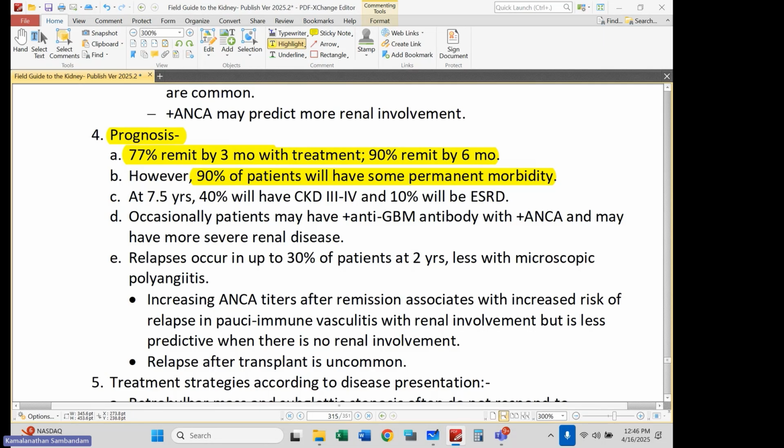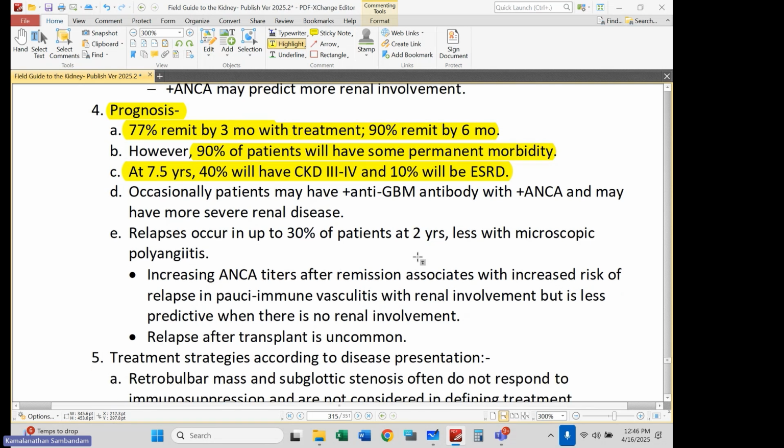Or the saddle nose deformities are another classic way in which permanent morbidity can happen, even though you've quenched the active vasculitis. Here are some rates of CKD that you can see. You can see that that's quite significant. CKD 3s and 4s, 40% at 7.5 years, with ESRD at the same timeline of 7.5 years at about 10%.